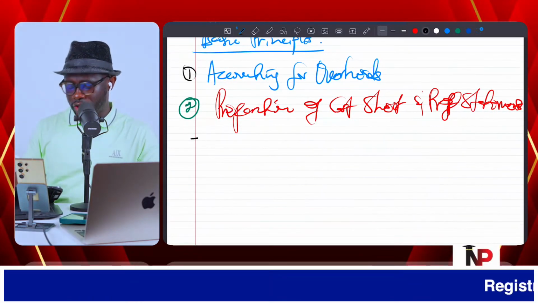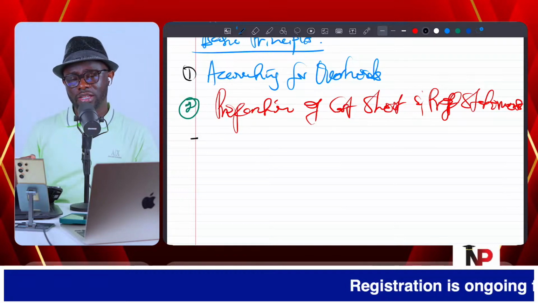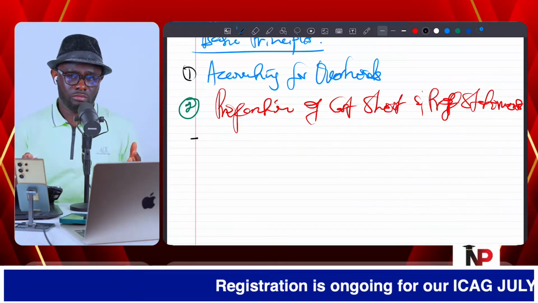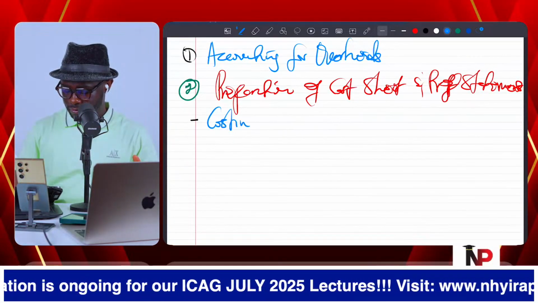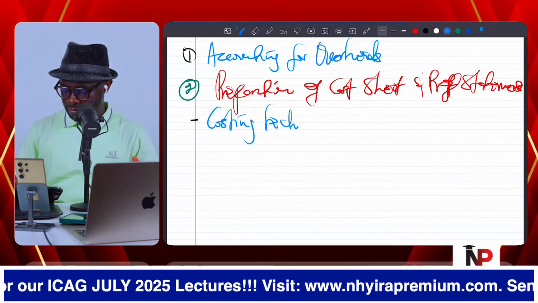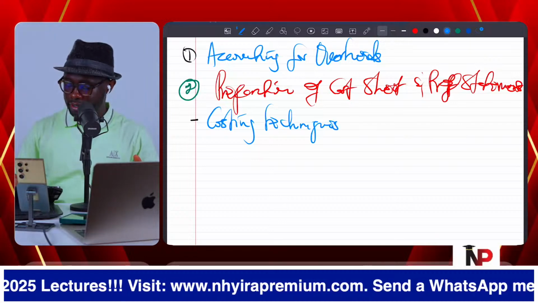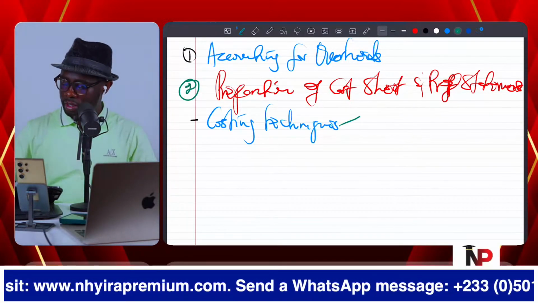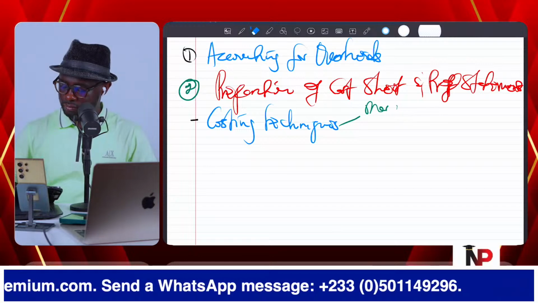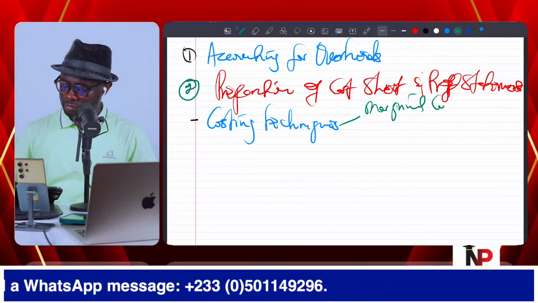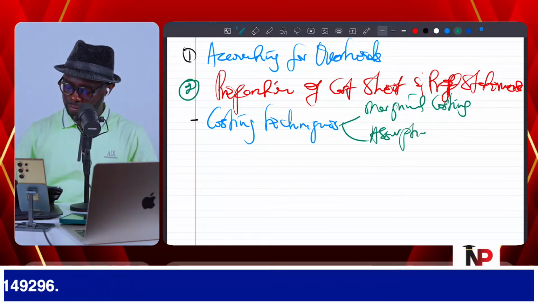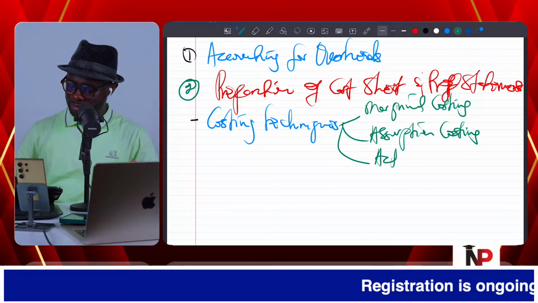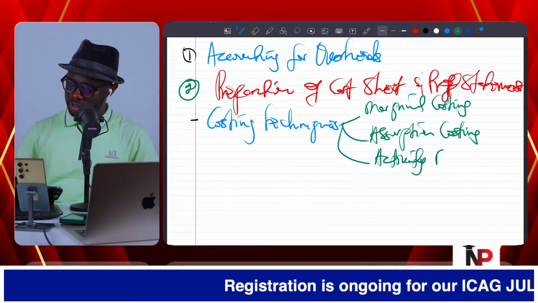Because this is where you are going to look at the various costing techniques, such as marginal costing, absorption costing, and then activity-based costing. Now, activity-based costing is in the syllabus.